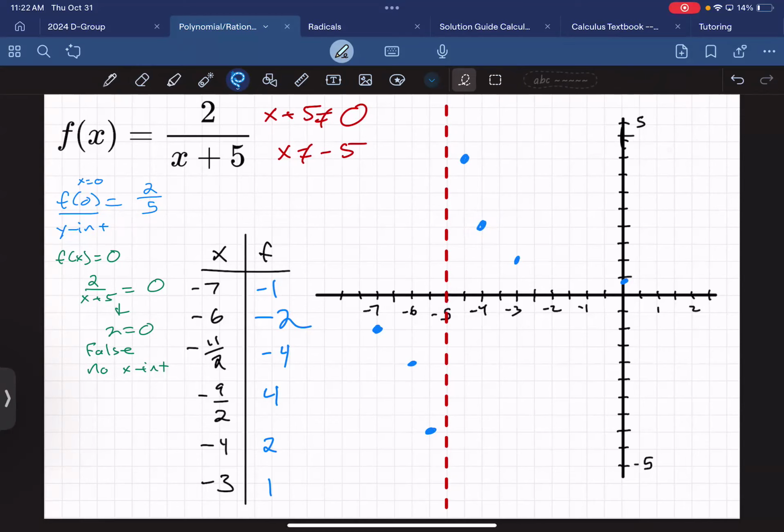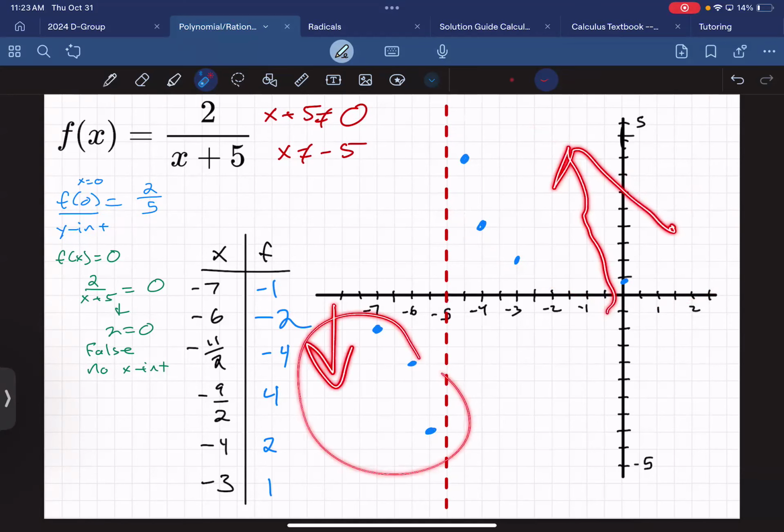What do you notice about the points when we consider the fact that we're trying to connect the dots at this step? Do they form a nice curve that we can use to help us graph this? What do you notice about all of these points here? They're all what though? What type of values? They're all above the x-axis, right? Where these are all below the x-axis.